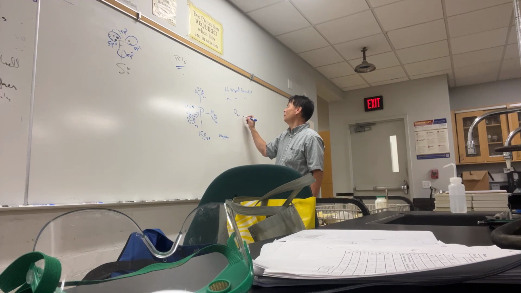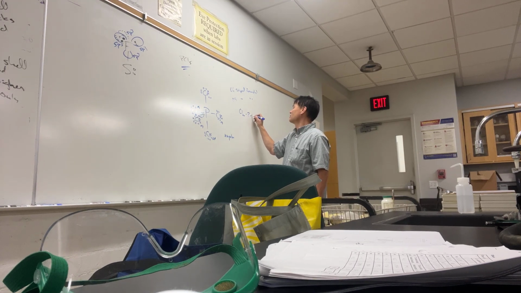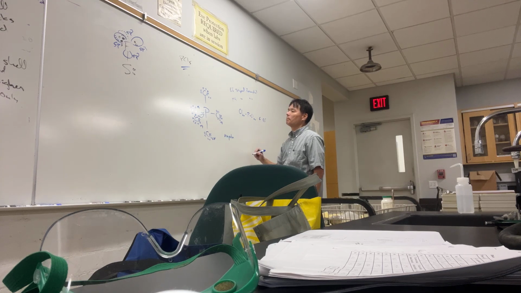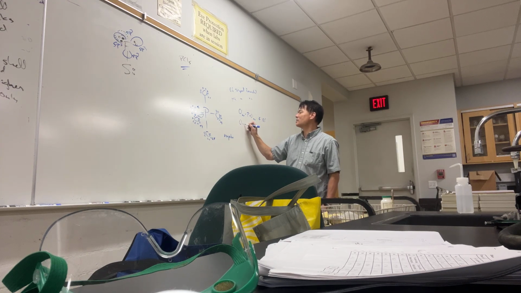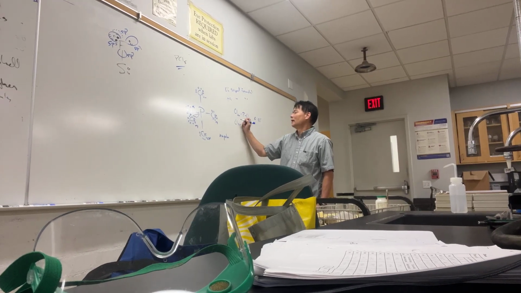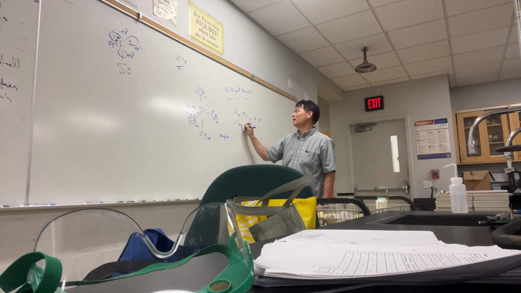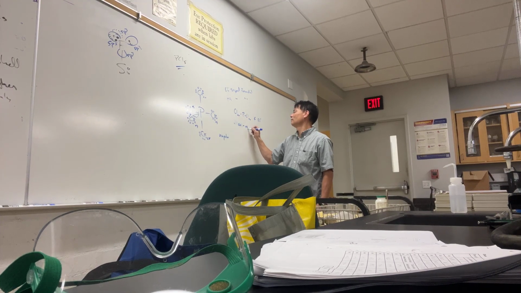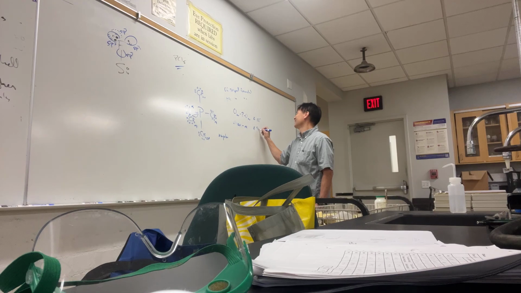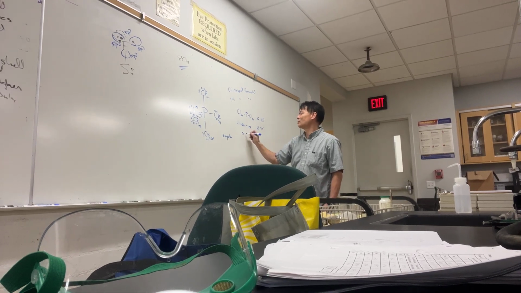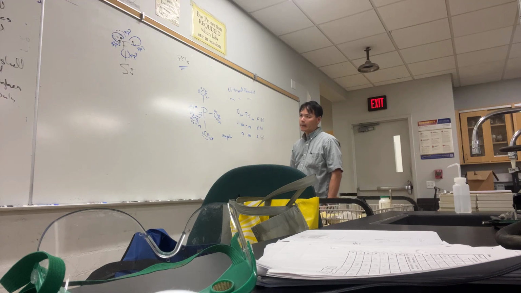So if we're looking at chlorine axial, phosphorus, chlorine axial, the angle is 180 degrees. Axial to equatorial, that's going to be 90 degrees. And then equatorial to equatorial, the angle is going to be 120 degrees here.